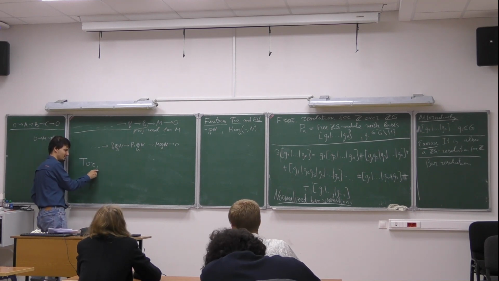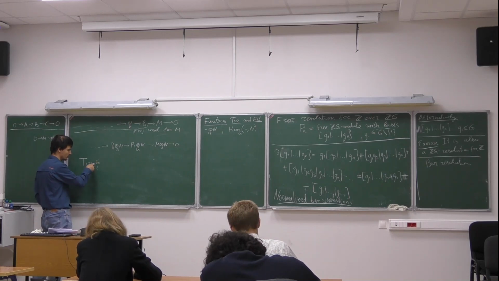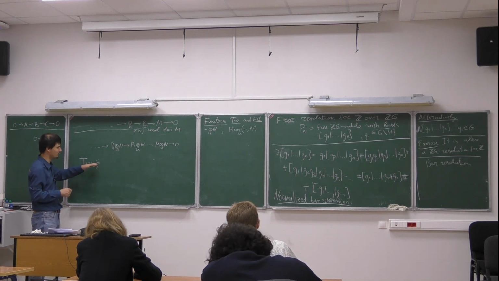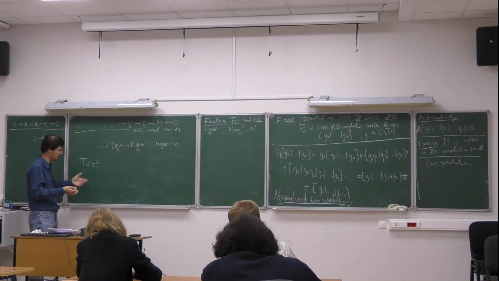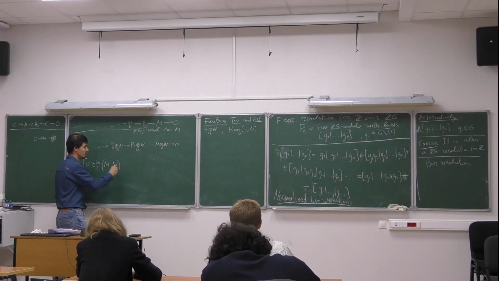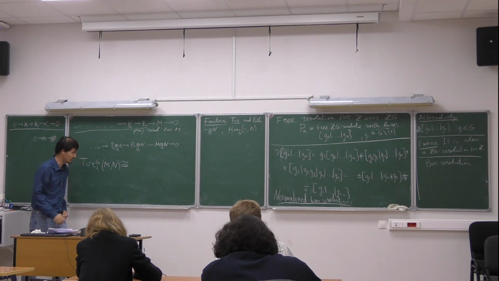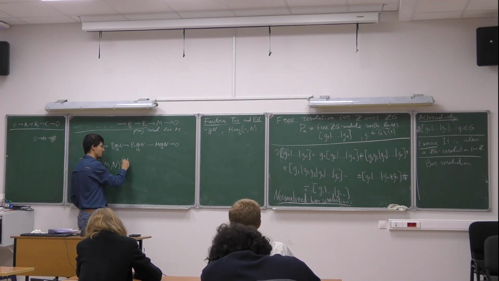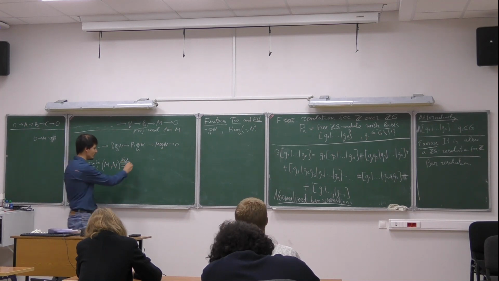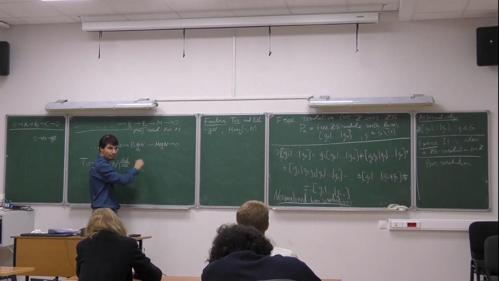This functor has an index which is a non-negative integer, and it is usually written Tor over G since it is over group G, or if it is over any associative ring, just Tor over this ring R. And this one is by definition the ith homology of this chain complex.